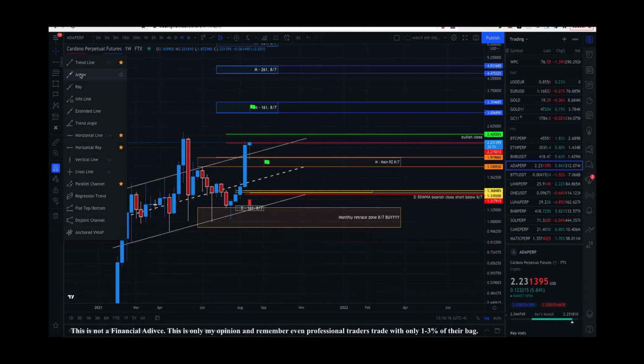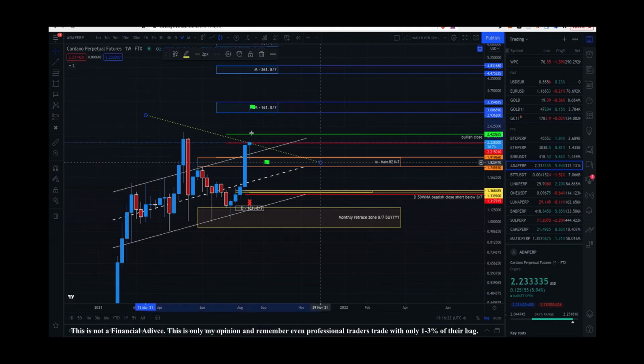But there is this trend line over here that has two touches. If we can close above the trend line, and more preferably close above the 618 level over here, then I know for a fact that we're going to the next resistance level.